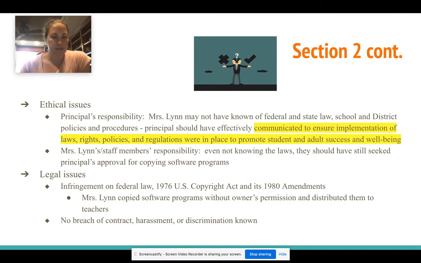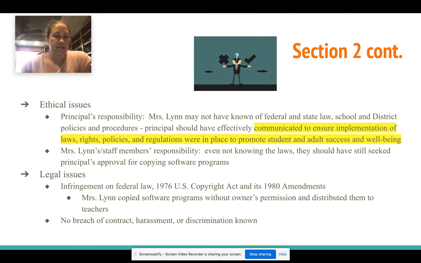So my responsibility is that Mrs. Lynn may not have known of federal and state law, and that is completely my responsibility. School and district policies and procedures, it doesn't seem like she is aware of at all. So I should have effectively communicated to ensure implementation of laws, rights, policies, and regulations were in place to promote student and adult success and well-being.